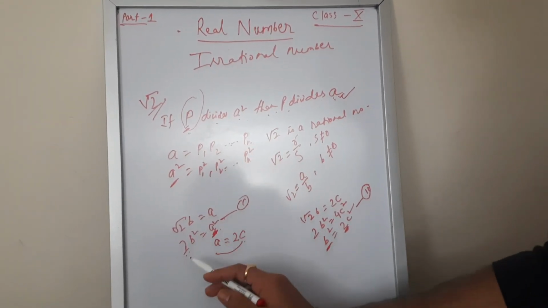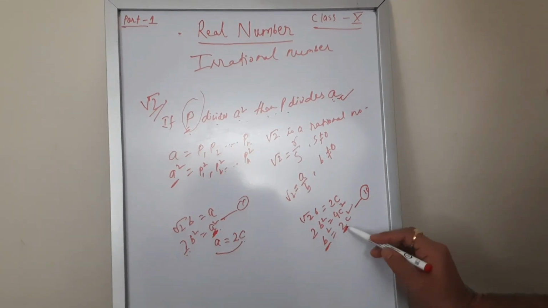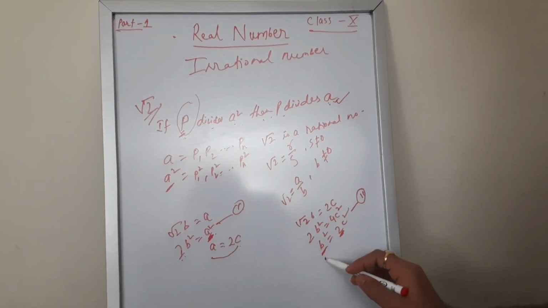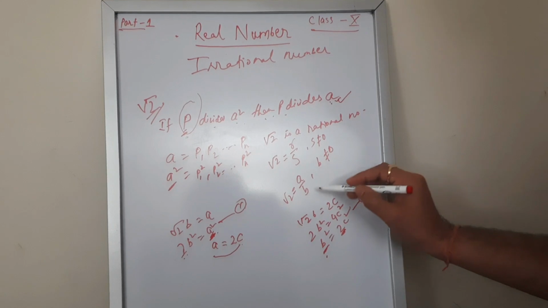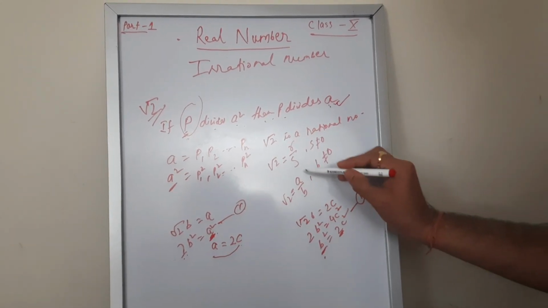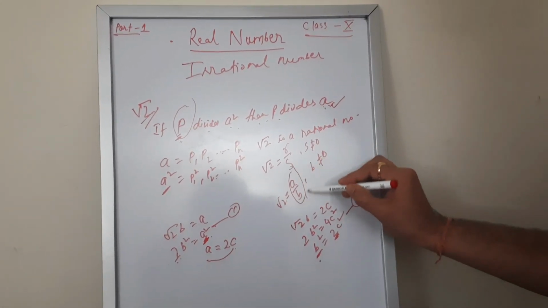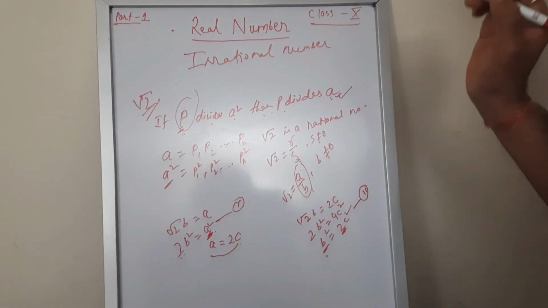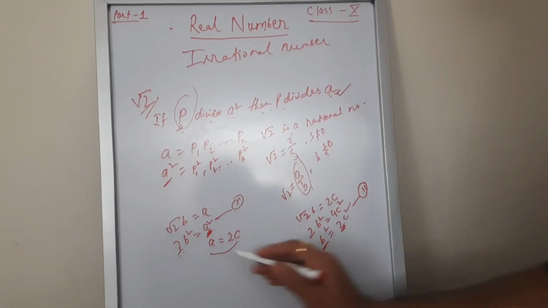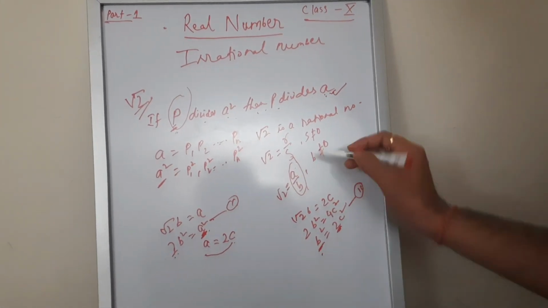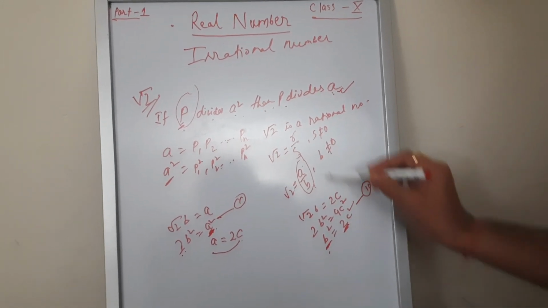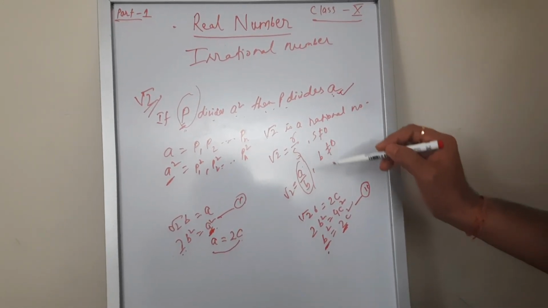Since 2 divides a square, therefore 2 divides a. Here 2 divides b. But what we have assumed is that root 2 is a by b, and a and b both are co-prime. But here this is not the case. Since a and b are both divisible by 2, it means that a and b are not co-prime.